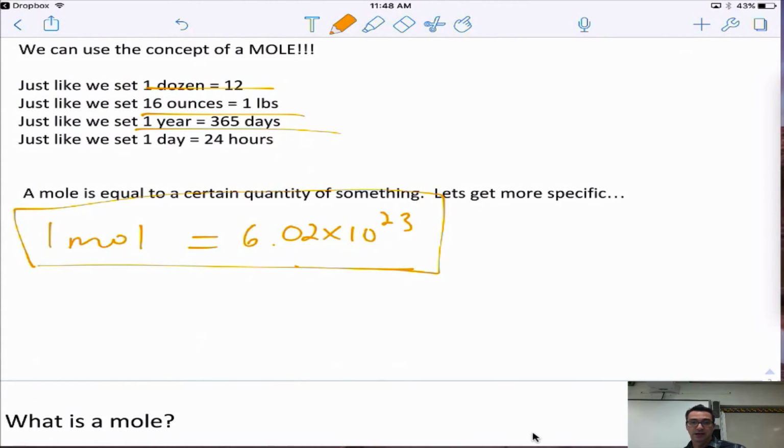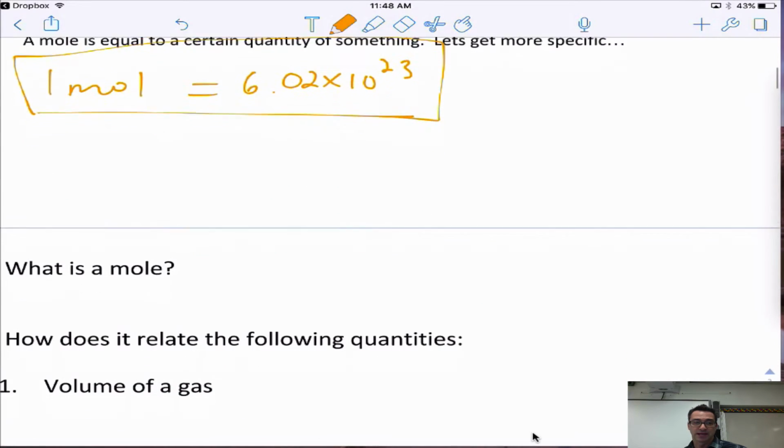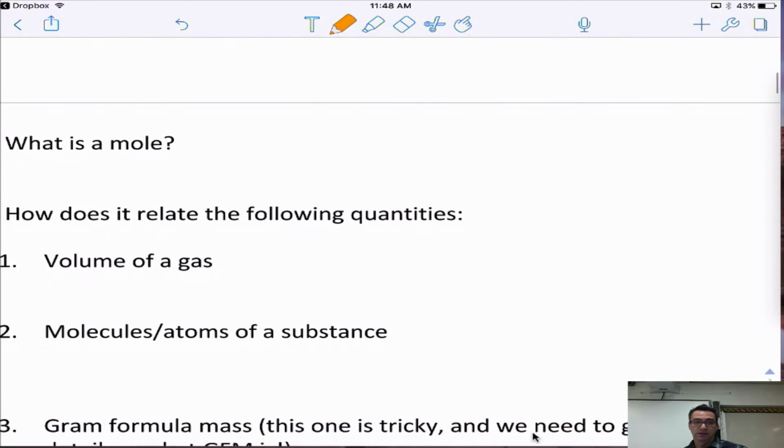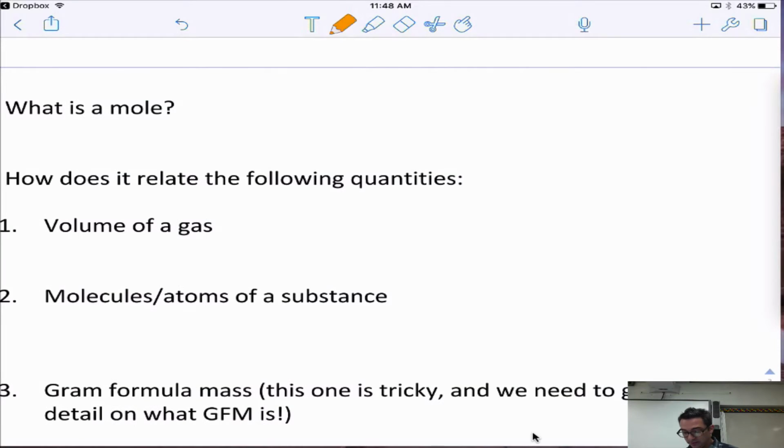So look, when I ask, well, what is a mole? A mole, as I just showed you, but I'll define it here, is equal to a certain number of any substance.